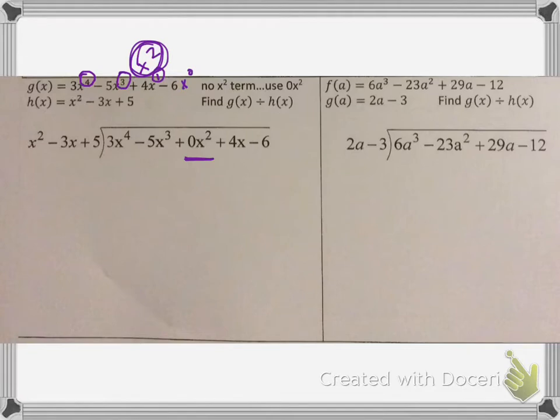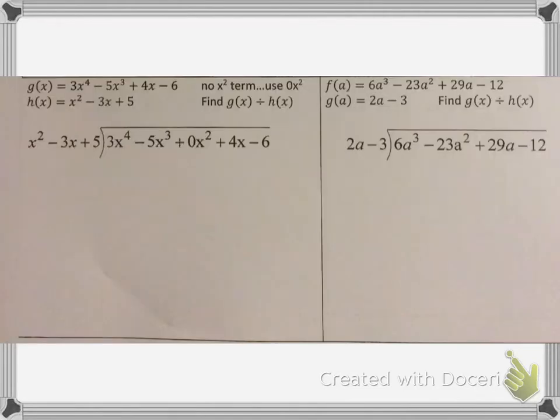That's like a placeholder. Remember on the other page I told you how everything was going to be lined up nicely, your x squareds, your x's? Well, if there's no x squared, I still have to leave a placeholder because there's going to be other x squareds in the problem as I'm doing the long division. So whenever you are missing a term, you must fill in that 0.